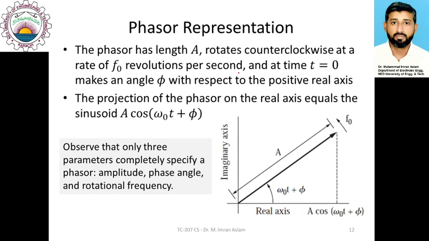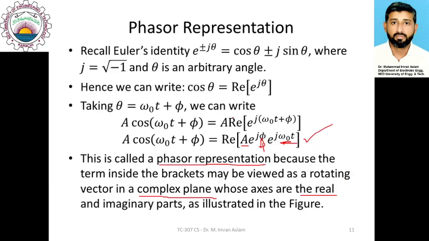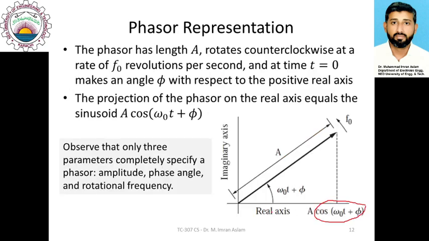The same phasor is represented as a vector in the complex plane, where the real axis corresponds to the cosine and the imaginary axis corresponds to the sine. You can see from this Euler's identity that the cosine function forms the real part, and the sine function forms the imaginary part. So the real axis is here, and we have a phasor which has an amplitude of A.